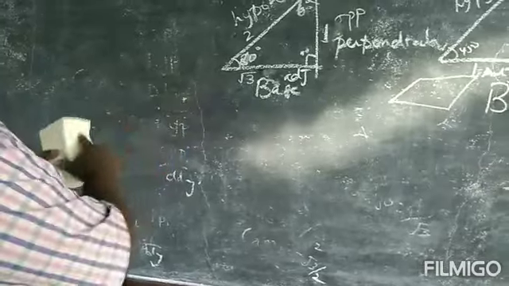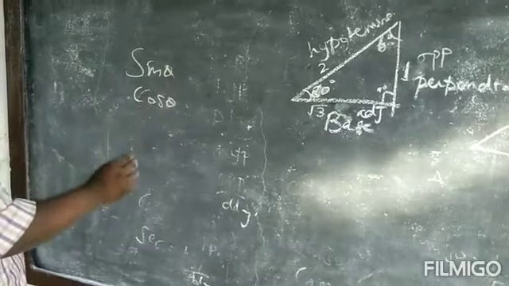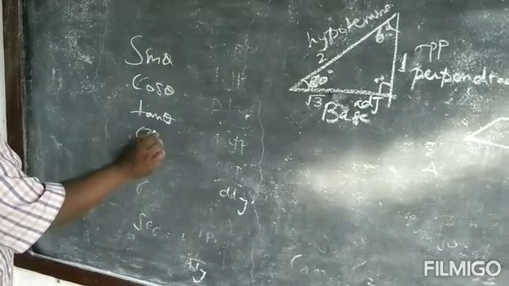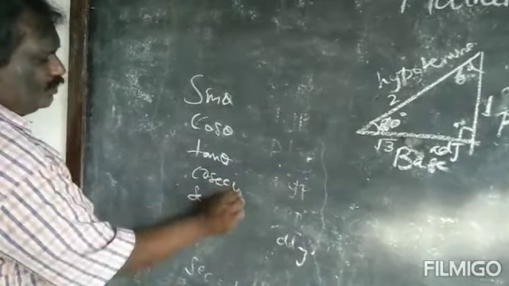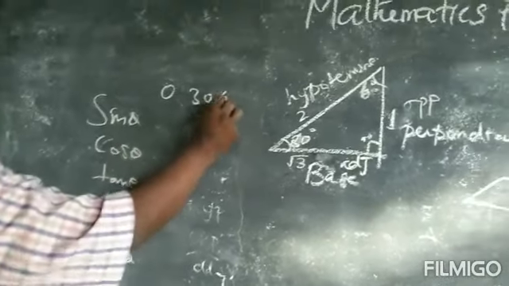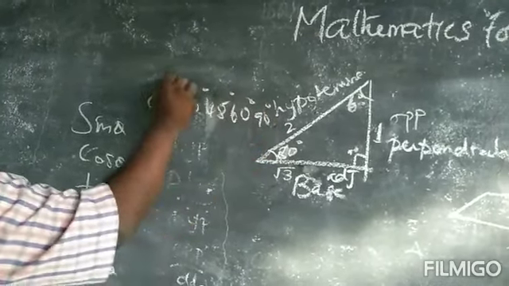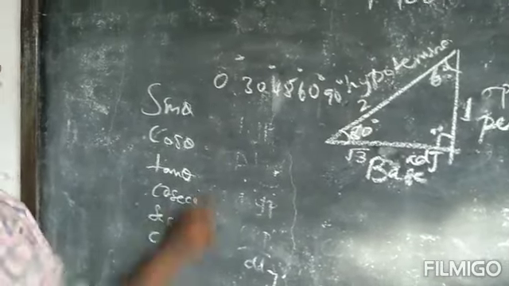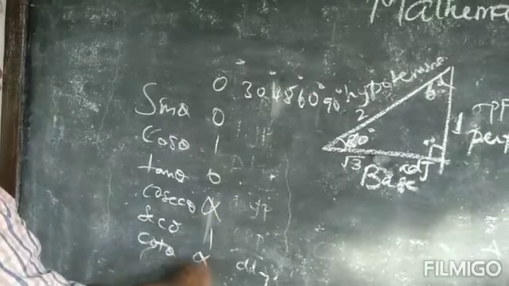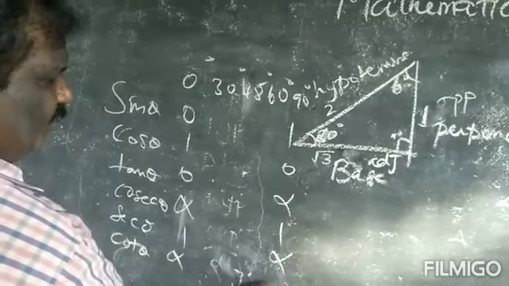For example, from the triangle, it is possible to compute the different values: sin theta, cos theta, tan theta, thereafter cosecant theta, secant theta, cot theta, for 0 degree, 30 degree, 45 degree, 60 degree and 90 degree. So from the diagram, it is clear that the values are 0, 1, 0, 1, infinity, infinity, 1, infinity for the sin 90.